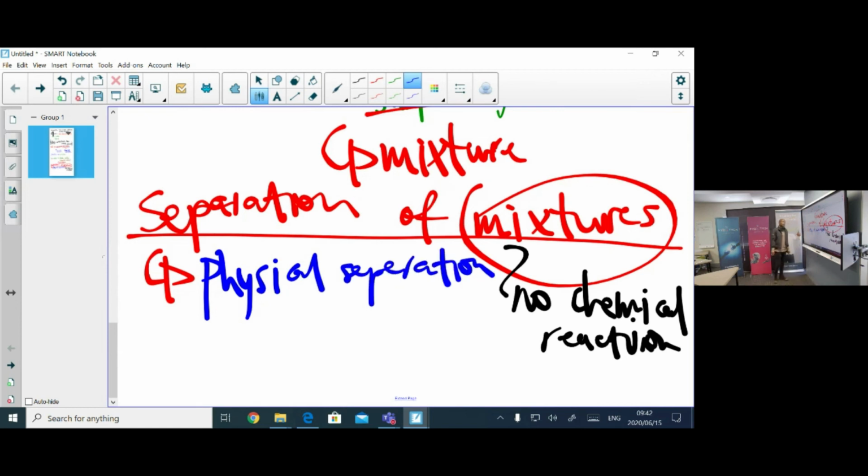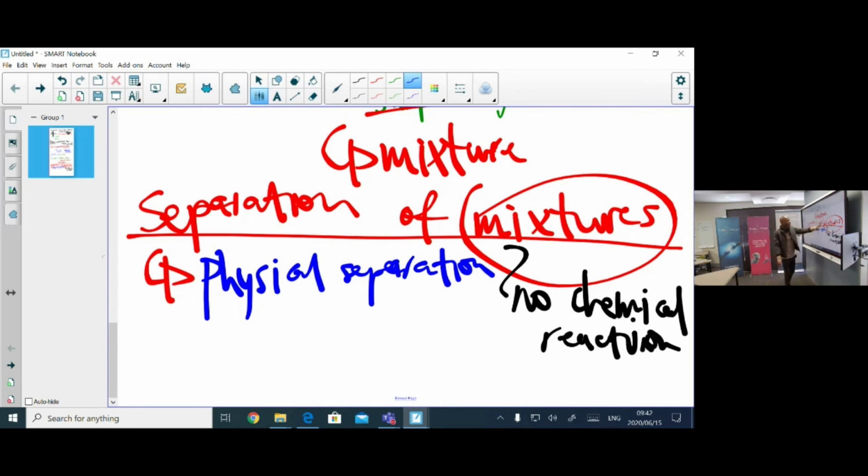We have a physical separation when we are dealing with mixtures, different from when we are dealing with solutions. When we are dealing with solutions, because they are chemically bonded together, or there's some form of chemical reaction between the components, it means that the separation of the solution will need chemical reactions.